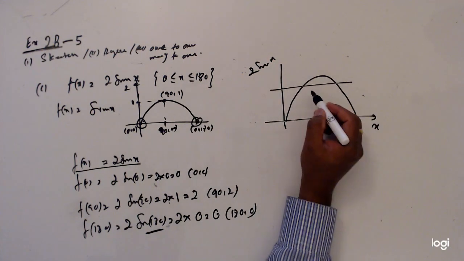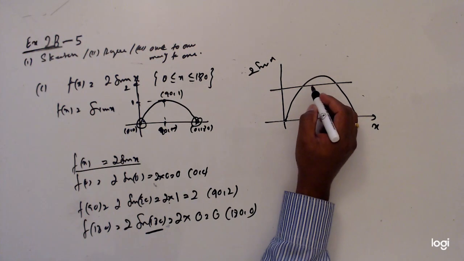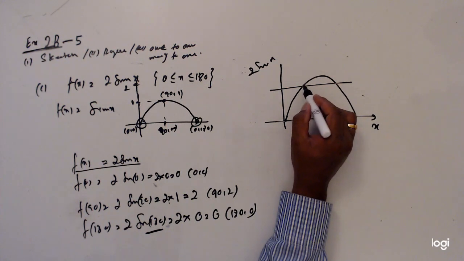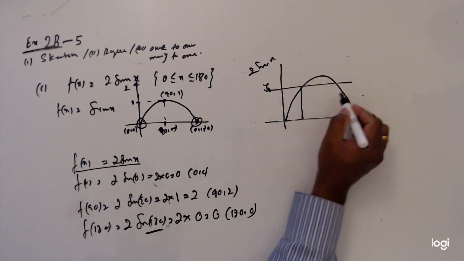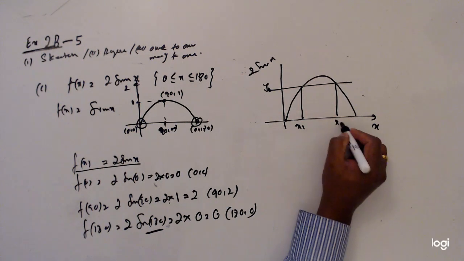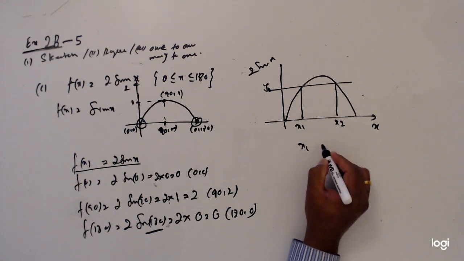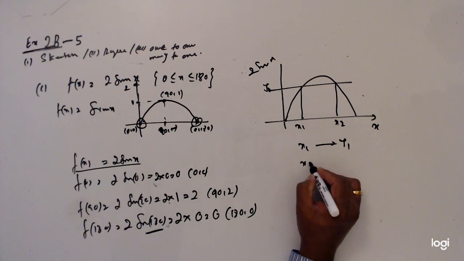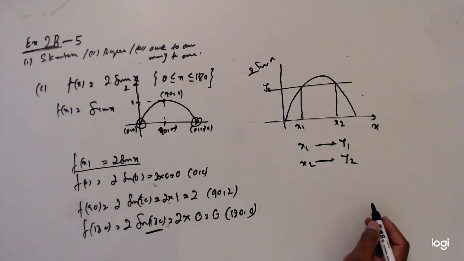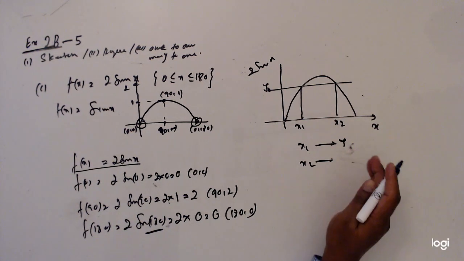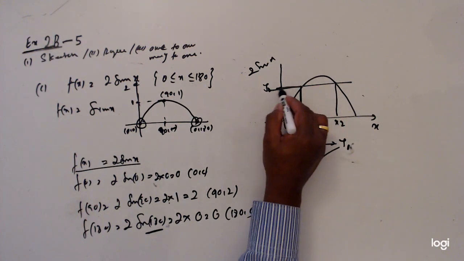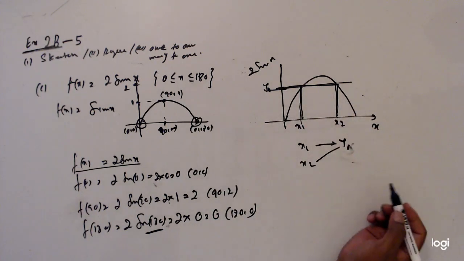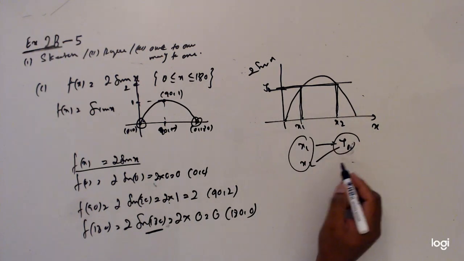We can see that for one y value, let's say this is y1, we have two x values, that is x1 and x2. So x1 maps to y1 and x2 also maps to y1. So this is many to 1.